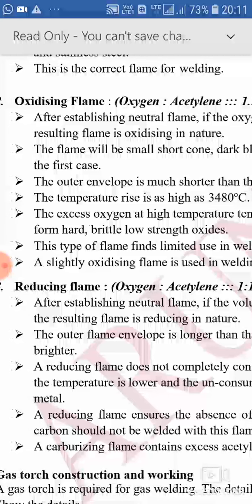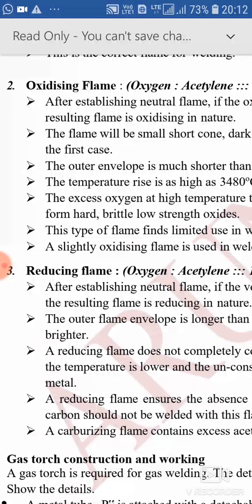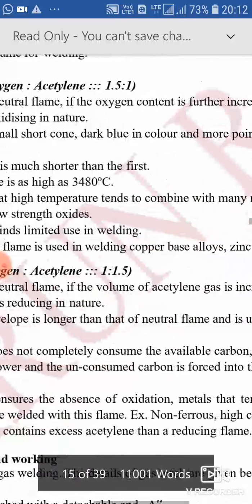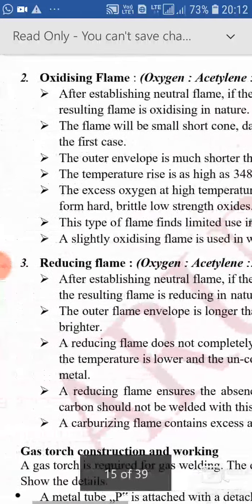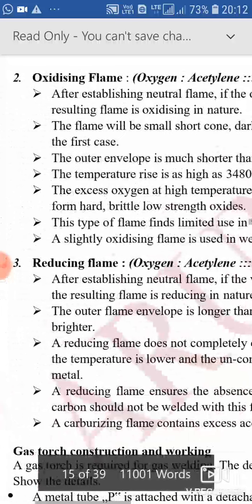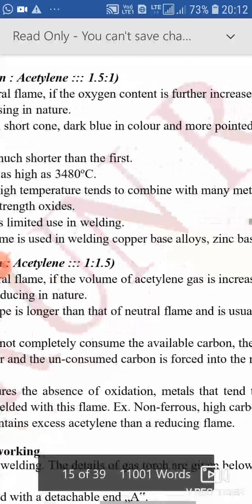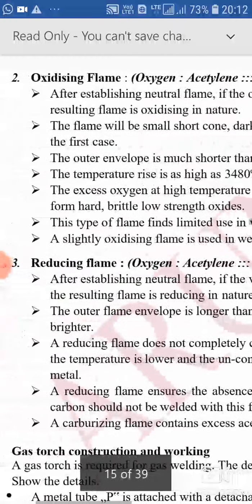Next, the third one, reducing flame, with oxygen 1 by volume and acetylene 1.5 by volume. After establishing the neutral flame, if the volume of acetylene gas is increased, the resulting flame is reducing in nature. The outer flame envelope is longer than that of the neutral flame and is usually much brighter.